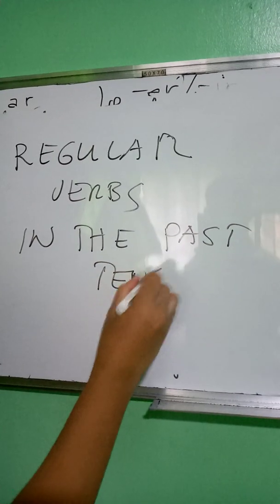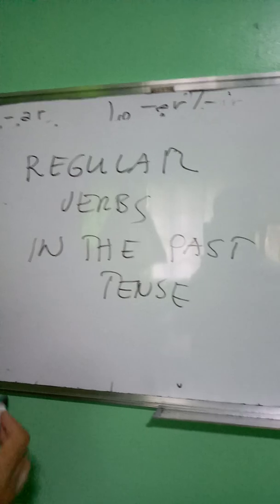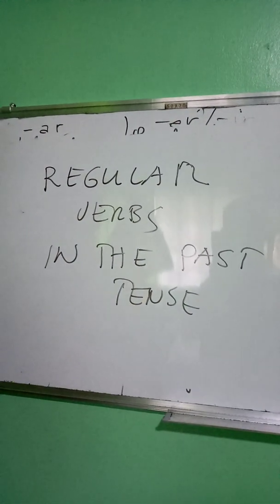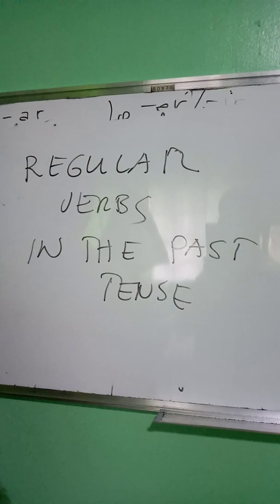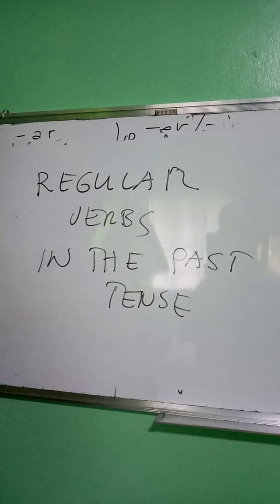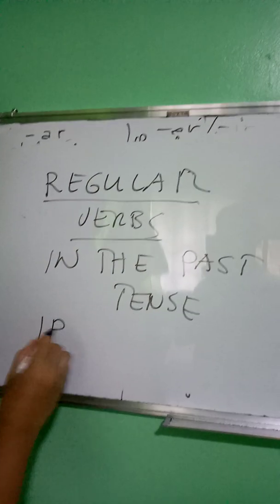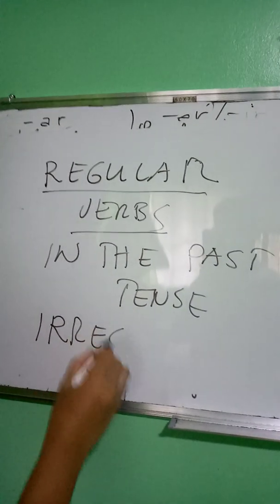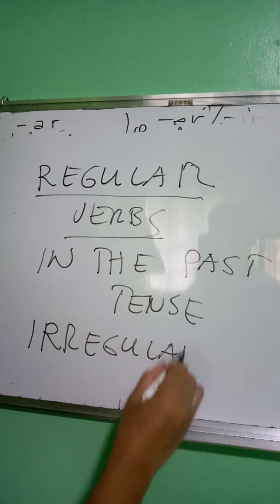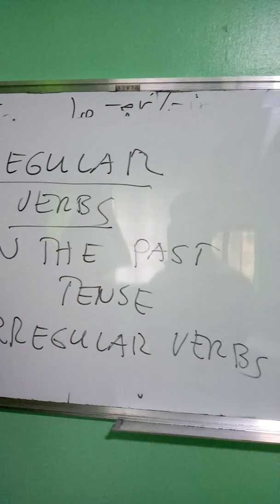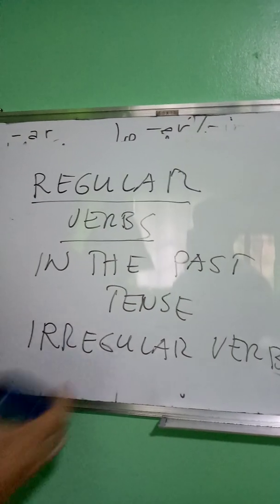So we say el tiempo pasado de los verbos regulares. Remember, it's regular verbs because irregular verbs will carry a different conjugation for irregular verbs.